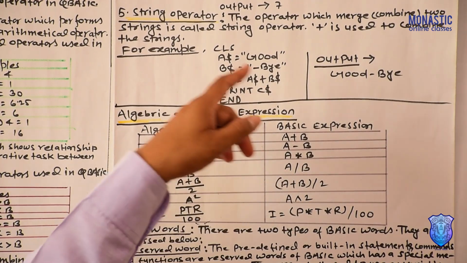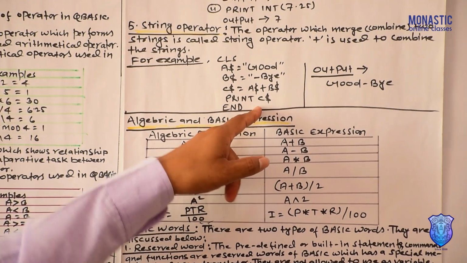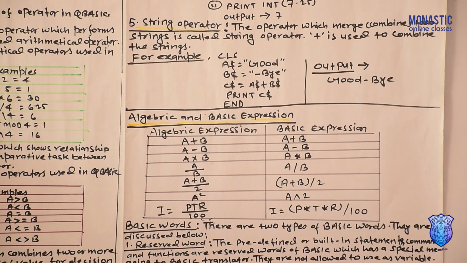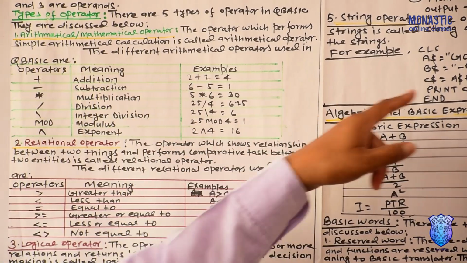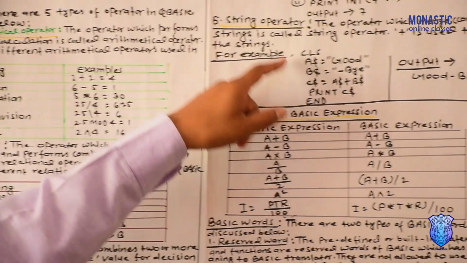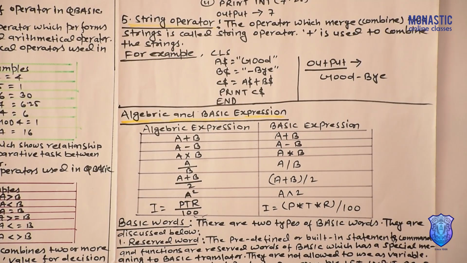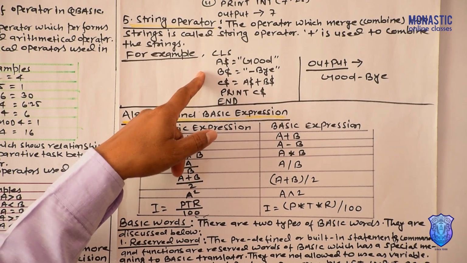If plus is used with two numbers, then it is considered an arithmetic operator. But if it is used between two strings, then it is considered a string operator. For example, look here, one small program is given there.